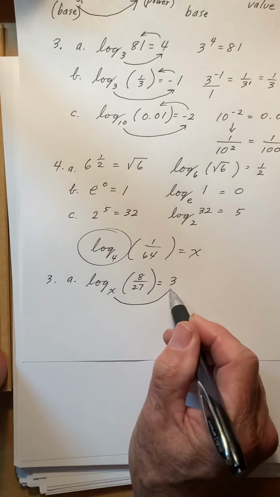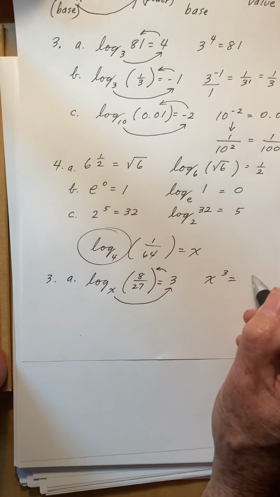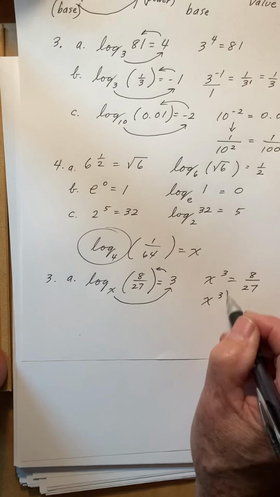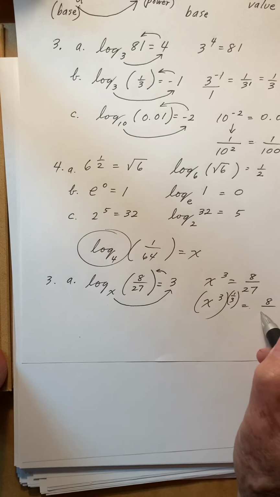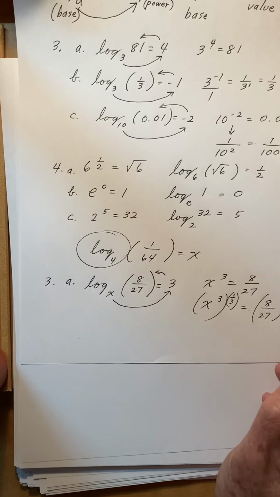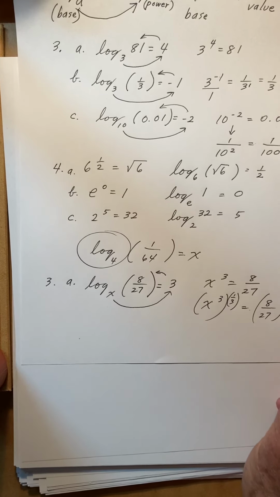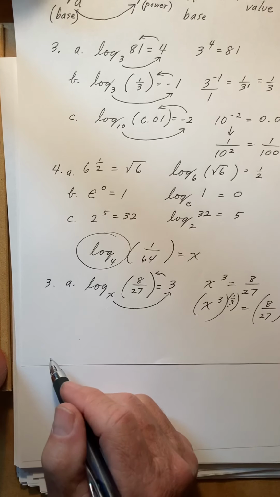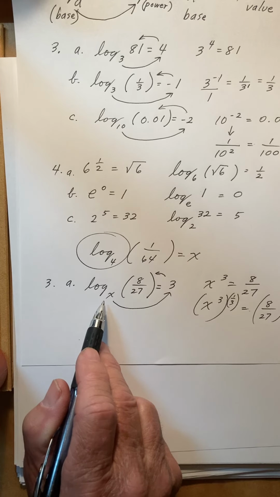So that would be x to the third equals 8 over 27. We can then raise both sides to the 1/3 power. 8 over 27 to the 1/3 power, which is the same as taking the cube root. Cube root of 8 is 2. The cube root of 27 is 3. So the answer is 2/3. So the x here should be 2/3.